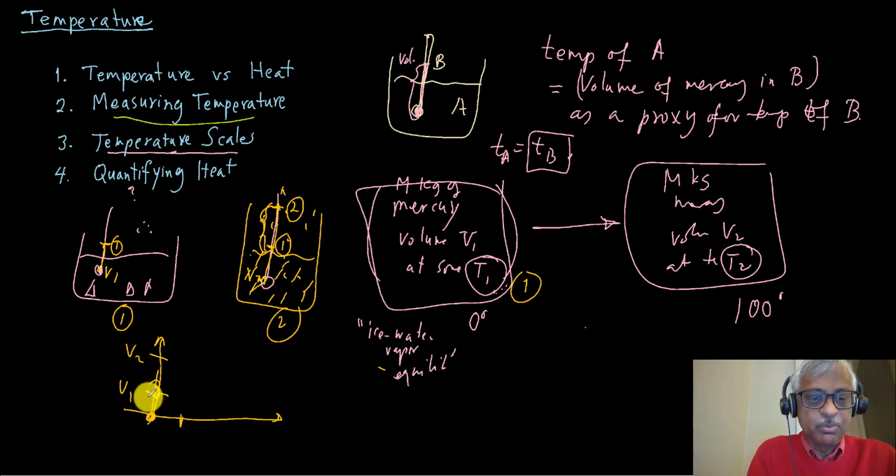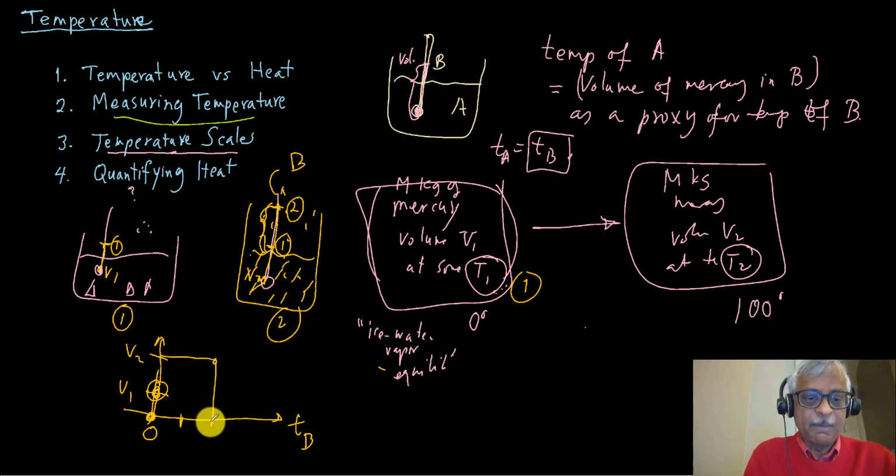So this will be my point. This mercury is the B system, right? Temperature of B will be 0. When the volume is V2, over here, I'll call that 100. I'll just pick a scale, and that will be a Celsius scale.